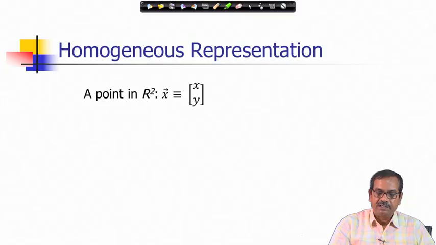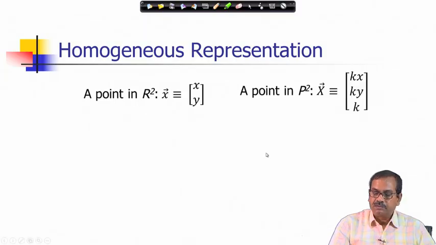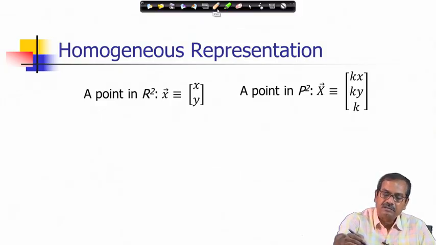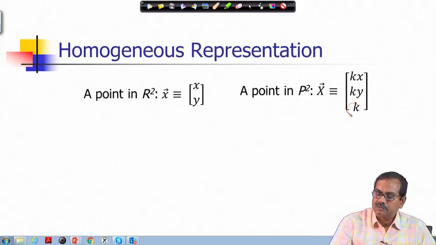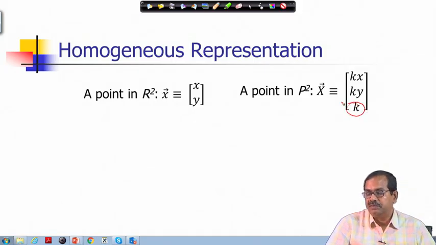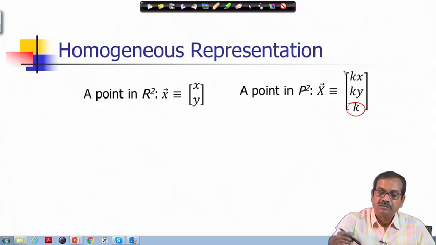The corresponding point in the projective space is denoted in this form, and here you can see that it's a 3-vector representation where you have an additional dimension which denotes the scale and which is multiplied with all other coordinates.